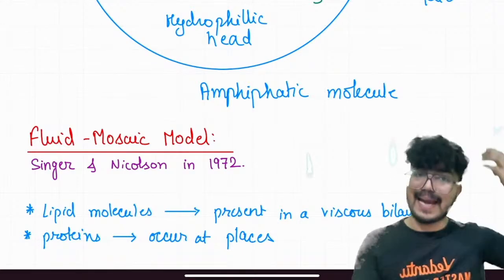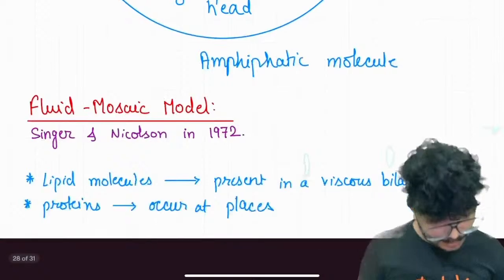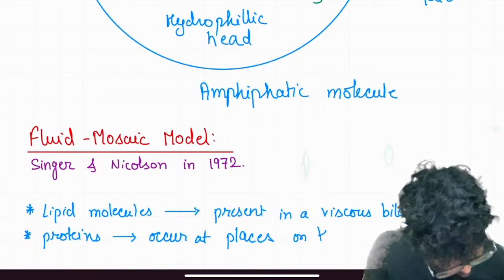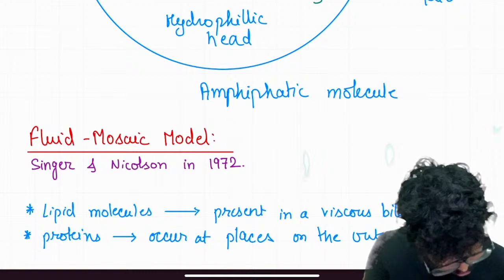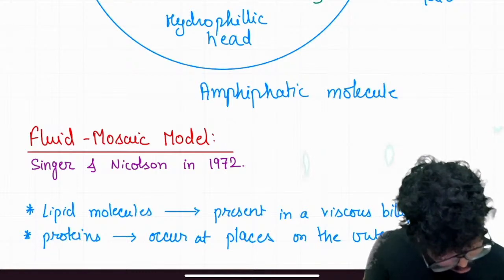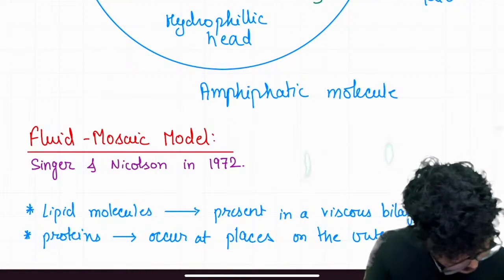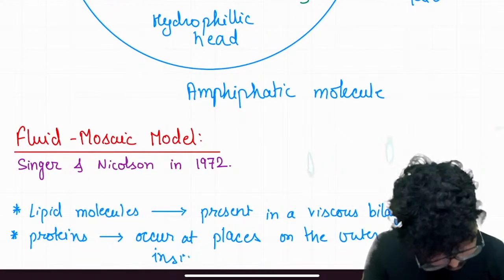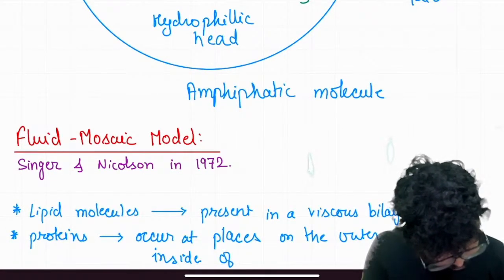On the outer side and the inner side of the phospholipid bilayer. So they occur at places on the outer side and inside of the bilayer.